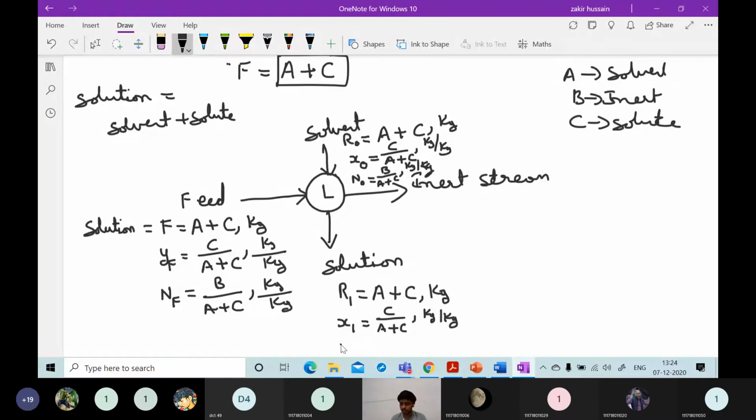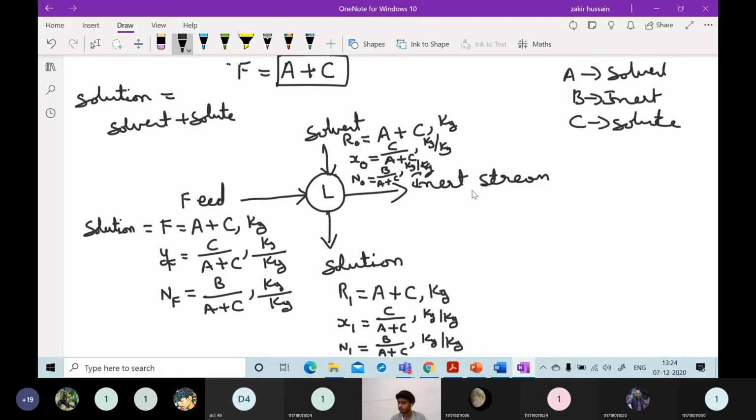Then the next notation is N1. N is denoted for B, inert solids. So it is the weight fraction of inert solids in the solution phase with respect to solution, B by A plus C. These units are also kg per kg.